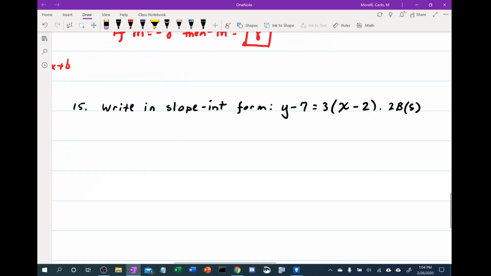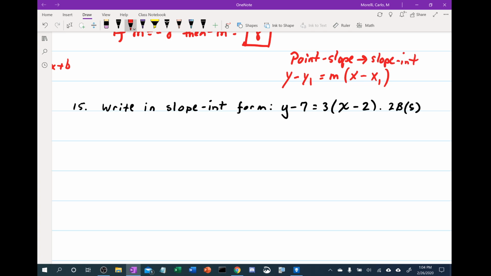Number 15. This is the last one. Write in slope-intercept form. What is this form called? Check this out. It's y minus y1 equals m, open parentheses, x minus x1. What do we call that form? Point slope form. So now we're going from point slope to slope-intercept.